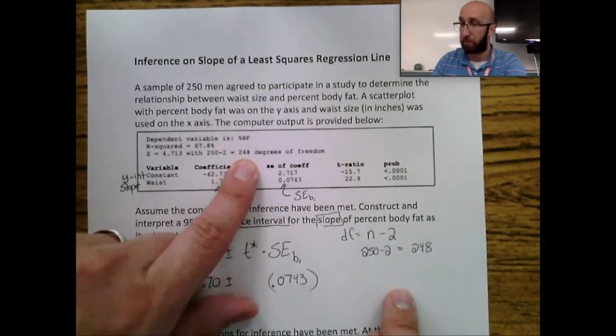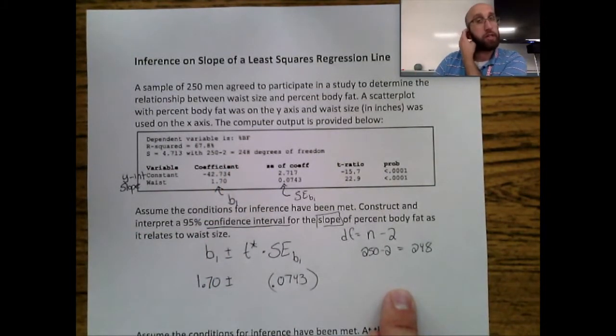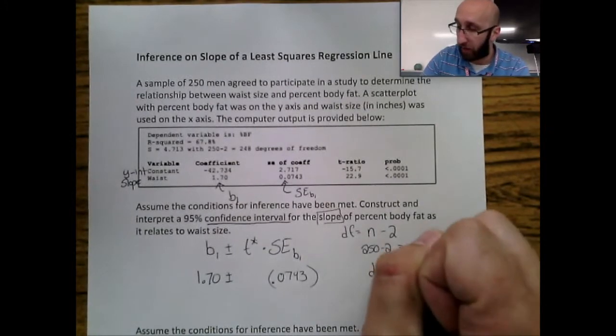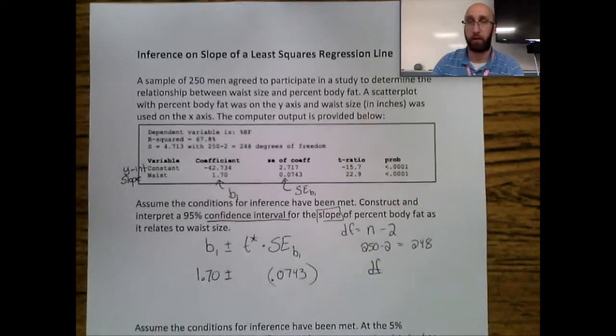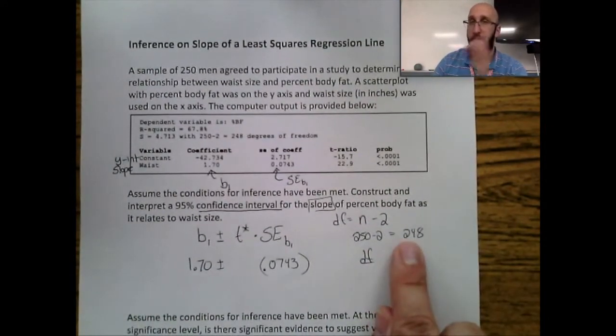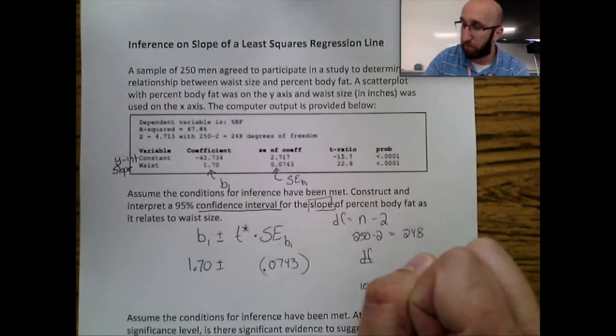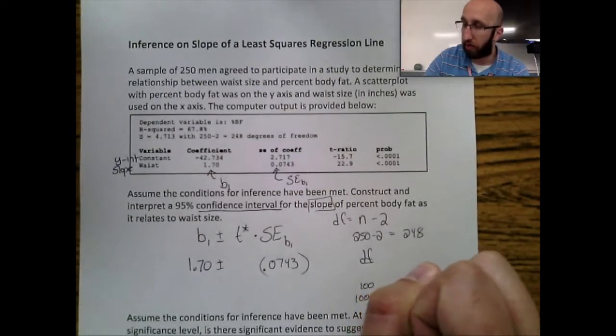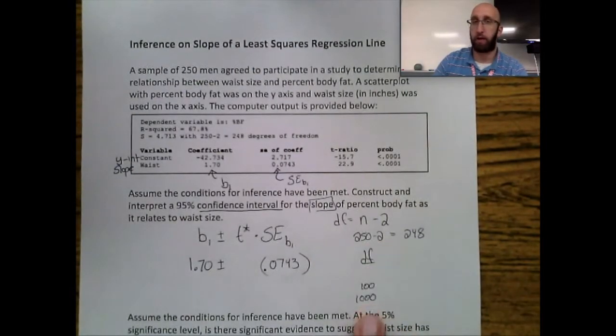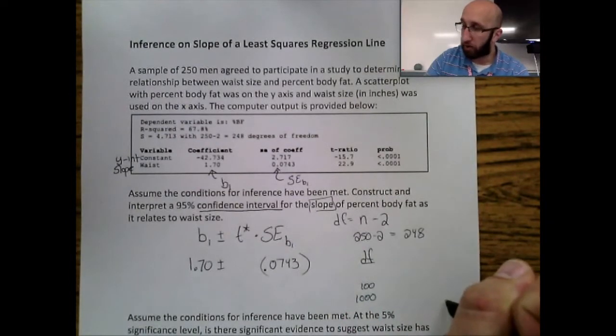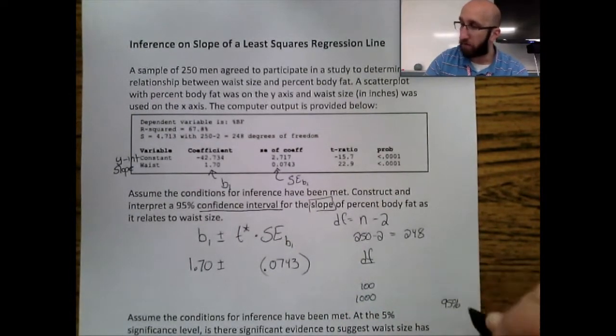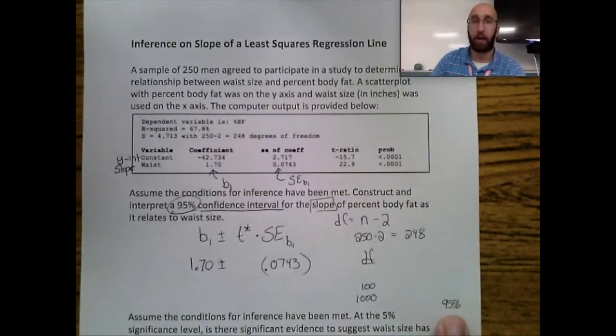To look this up in a t table, you go down the left column to find your degrees of freedom. 248 is pretty big compared to the t tables that we have, so we're going to be between 100 and 1,000 degrees of freedom. Then we go across the bottom and look for 95% confidence.